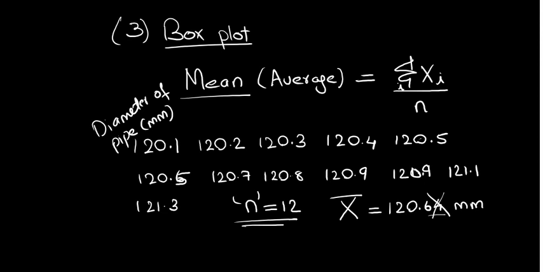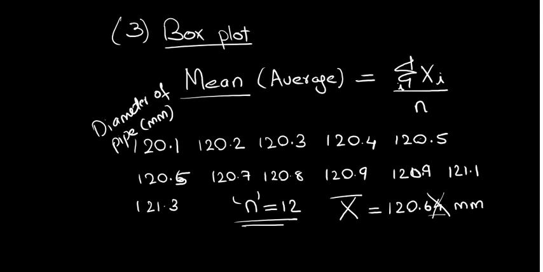Similarly, you can calculate other statistical values, for example the median, which is important from the box plot point of view. What is the median? The median divides these observations into two equal halves. Now the number of observations is 12, an even number, and finding the exact middle is a little bit tricky.